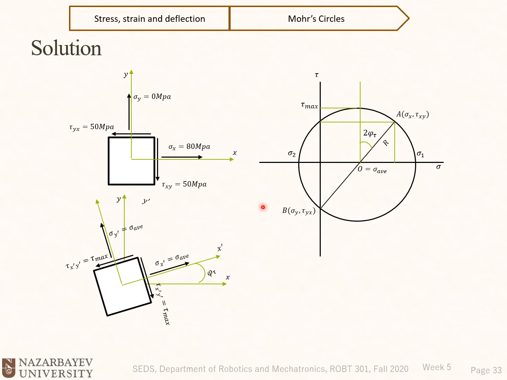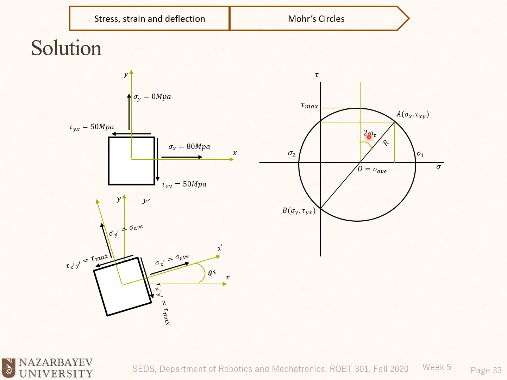Now we need to calculate the principal shear stress and the principal shear stress element. What we need to do is find this phi tau, and rotate our element counterclockwise by phi tau.